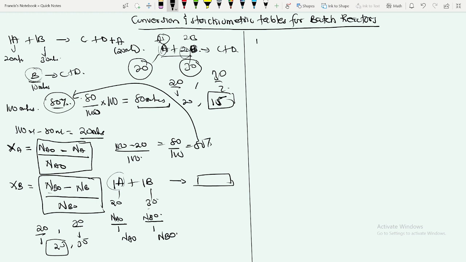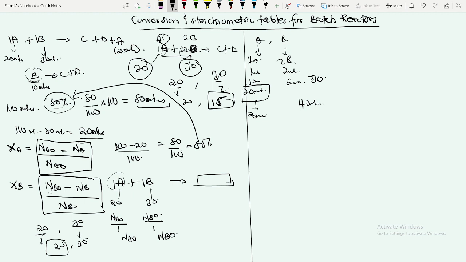Because you are seeing that you have A and then you have B. But for every 1 A, you need 2 B to react. So if you are putting 1 mole of A, you need 2 moles of B. When you are using 10 moles of A, you need 20 moles of B. You realize that if 20 moles of A was present, to find the moles of B to react completely with the moles of A here, when you are using 20 moles, you need 40 moles of B. But then your B is not even 40 moles, it's 30 moles, right?